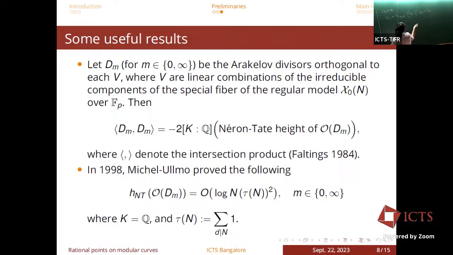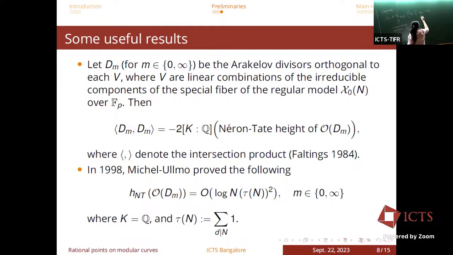Here m is 0 or infinity. This is the canonical divisor corresponding to the dualizing sheaf.